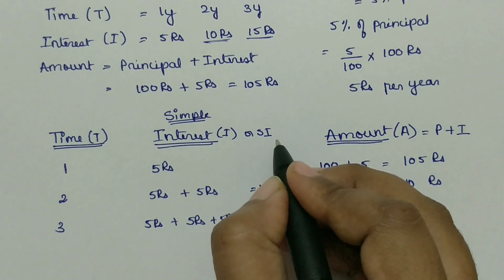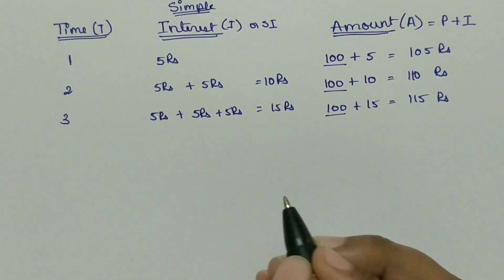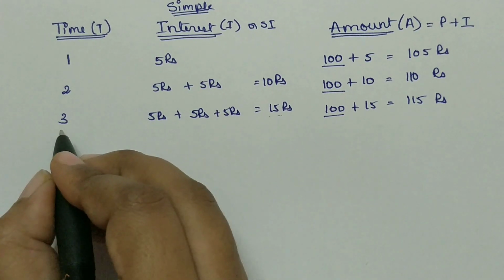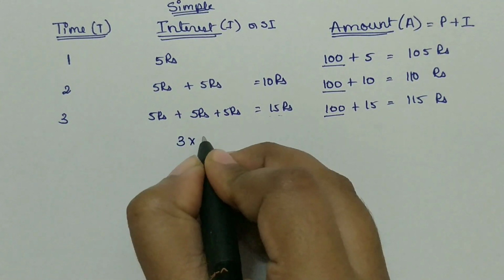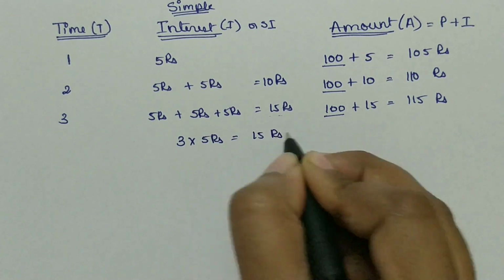Now let us write the formula for simple interest. If we take this example, interest for 3 years equals 15 rupees, that is 3 into 5 rupees equals 15 rupees.